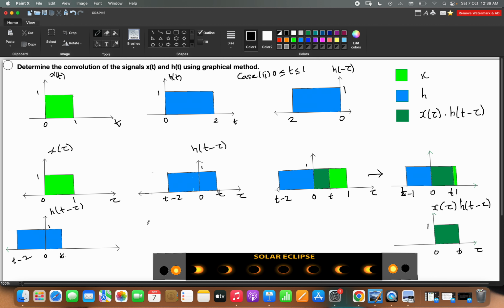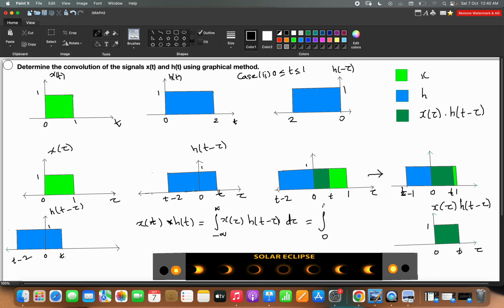So according to the convolution formula, the value of x of t convolution h of t equals the integral from minus infinity to plus infinity of x of tau h of t minus tau d tau. Here we obtain the product, and we know the limit. The limit is 0 to t, and in this region the amplitude is 1.